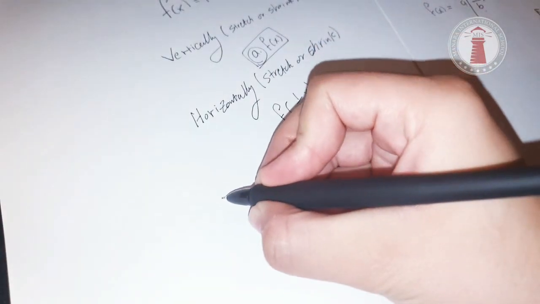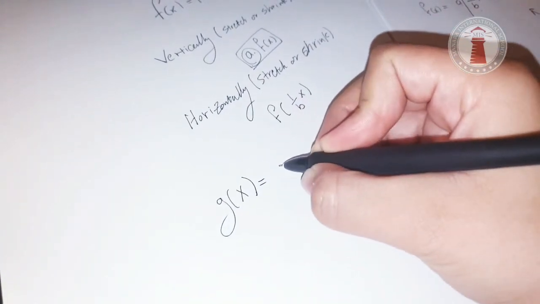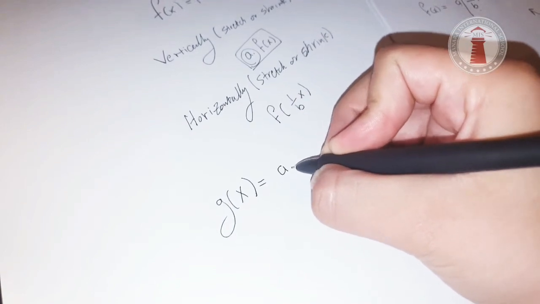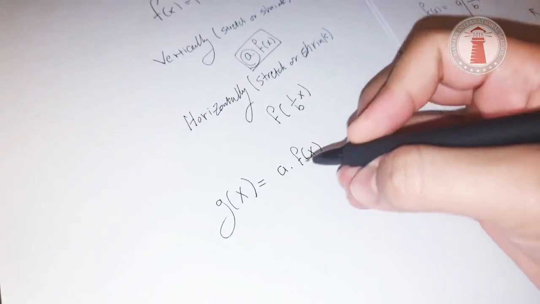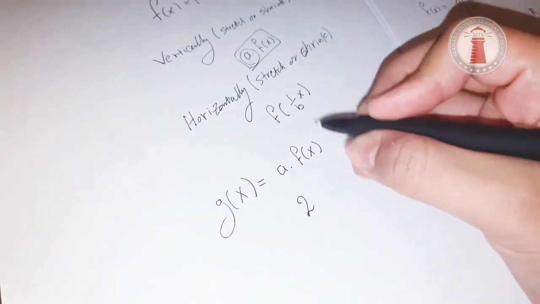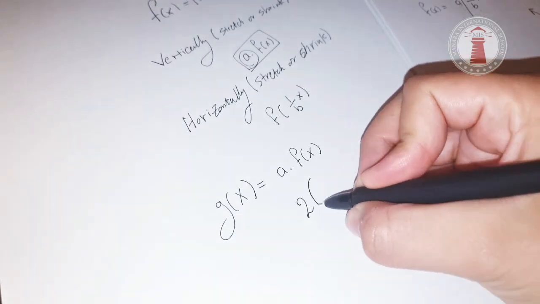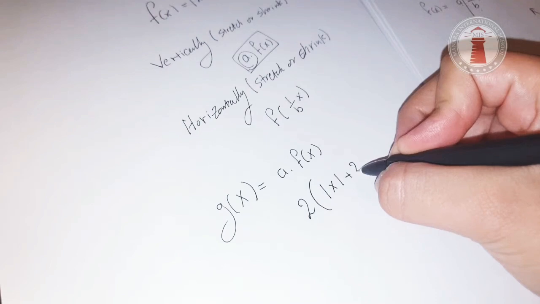Let's call the new function that we're finding g of x. g of x is equal to the factor a multiplied by f of x. a in this case is 2. So it's 2 multiplied by f of x, which is the absolute value of x plus 1.